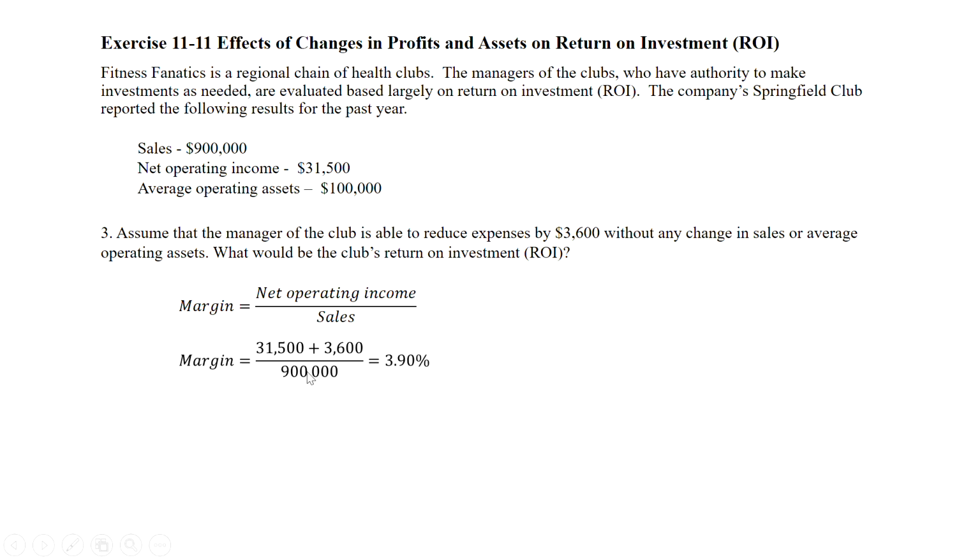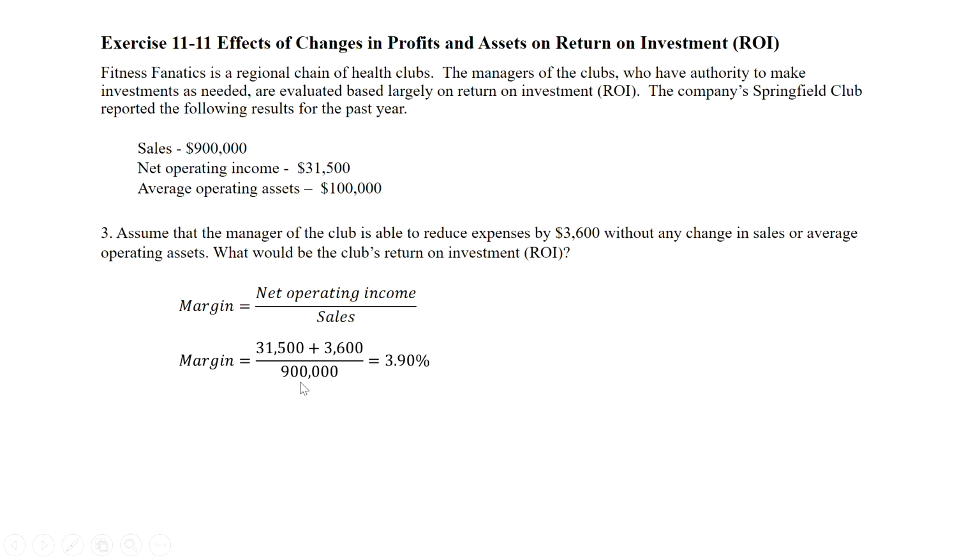Same formula for margin, but this time we're going to start with our net operating income of $31,500. And because expenses are decreasing, that's the same thing as saying we're going to increase net operating income because our expenses reduce. We're going to add that 3,600 to that 31,500.